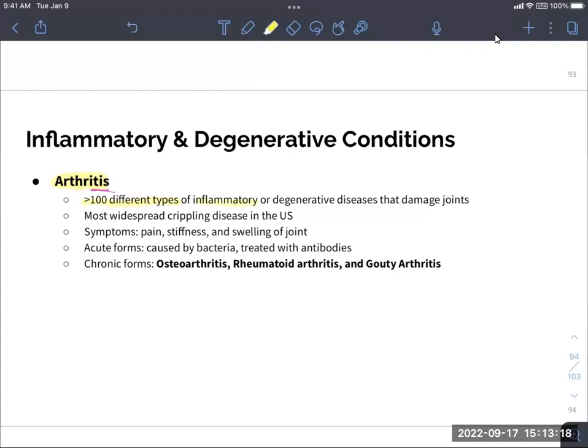Some of them are inflammatory, some of them are degenerative, others are even autoimmune. They can cause pain, stiffness, swelling. Some are caused by bacteria. Osteoarthritis is chronic. Rheumatoid arthritis, that one is autoimmune. Or gouty arthritis.